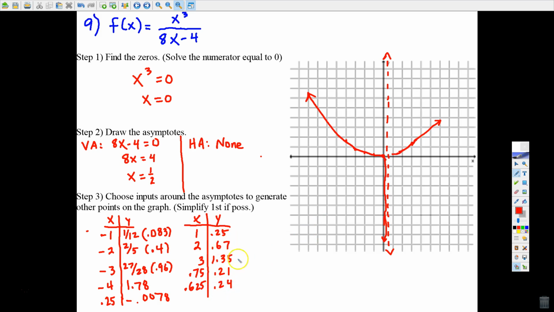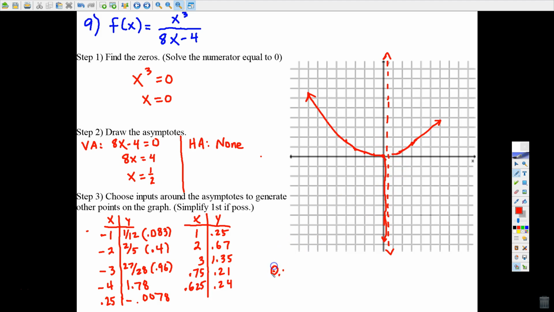So if you notice what happens, here's kind of a bigger picture of this. At 5/8 we get 0.24. At 3/4 we get 0.21, which is a little bit lower, and then at 1 we get 0.25, which is a little bit higher.